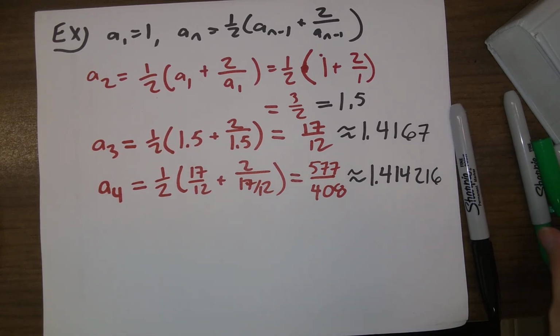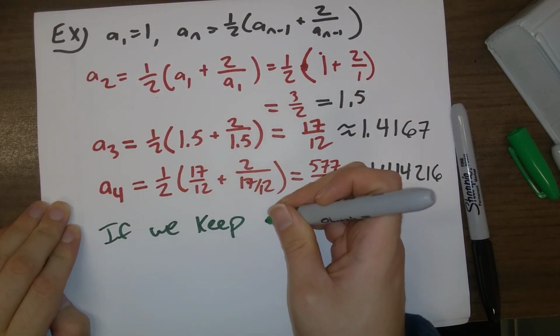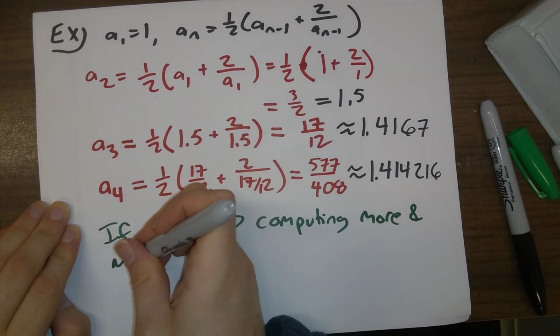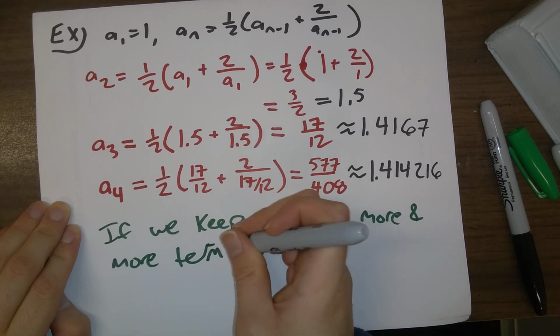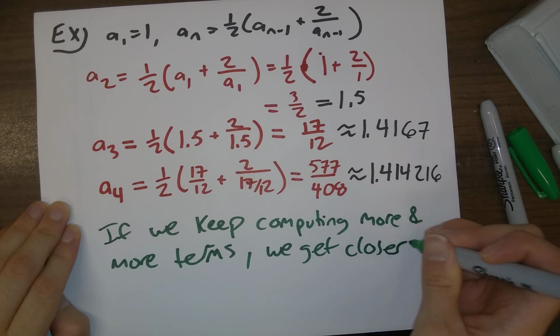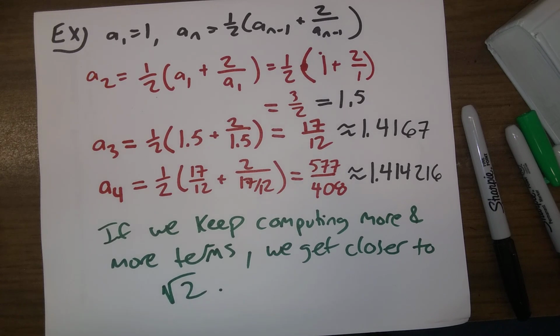And so as it turns out, if we keep computing more and more terms of our sequence, we keep getting closer to square root 2. Informally, and we'll make this more precise, I'm phrasing it a little bit inexactly, but what this tells us is that the limit of this sequence is the square root of 2.